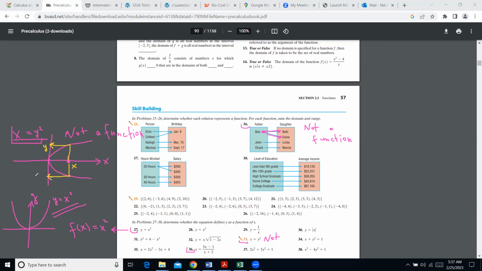So I can say first value y1 and the second y2. So just like in 16, one x corresponds to two y's, to y1 and to y2, that's no good. That's not a function.